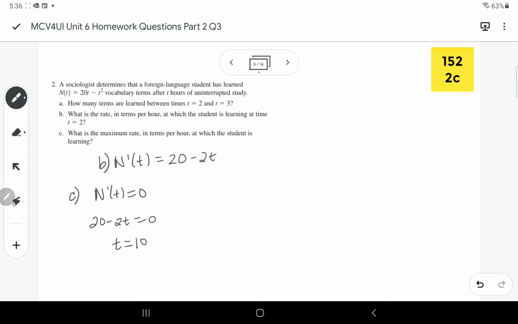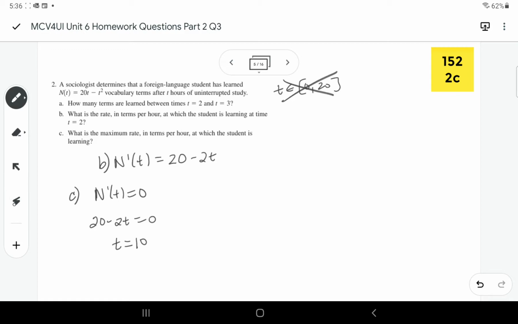Now we want to kind of specify, do we know that that 10 is a maximum? Because we don't have our endpoints. Like if it said t was between like 0 and 20 or something, that there was some amount of hours, but we're not given that. We don't actually know that there's specified endpoints here to the time that we're allowed.